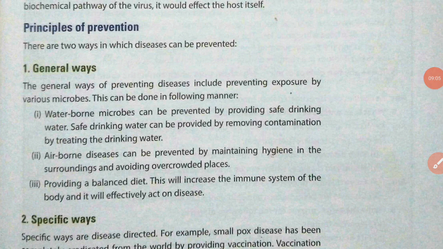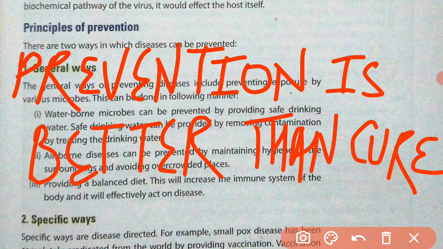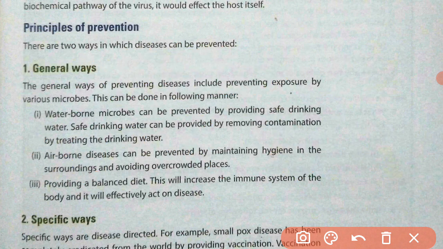So we are going to talk about the principles of prevention of a communicable disease. It is said that prevention is better than cure. To save ourselves from any disease is better than to cure that disease after the occurrence, because if you fall ill, there are so many bad effects on your body.